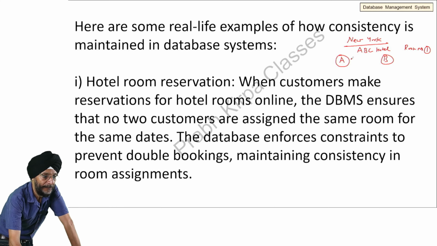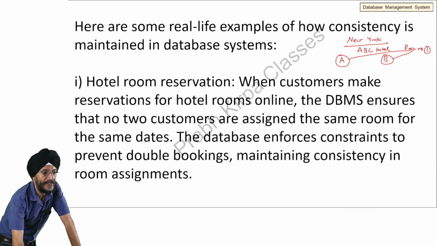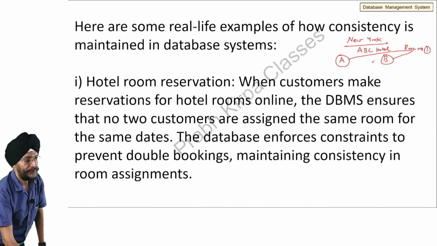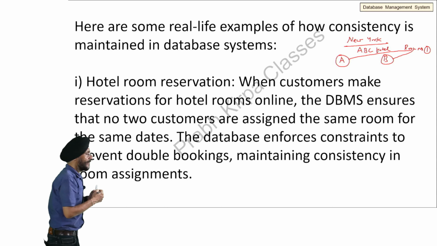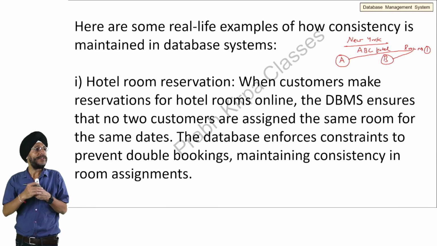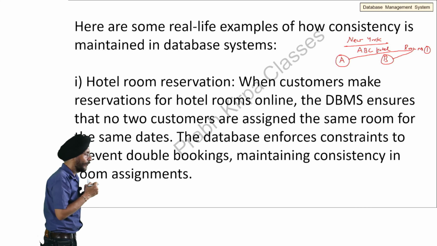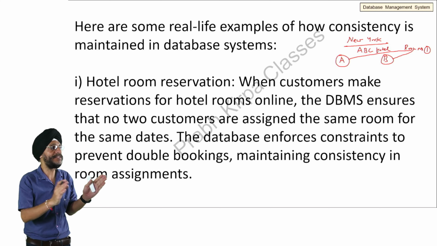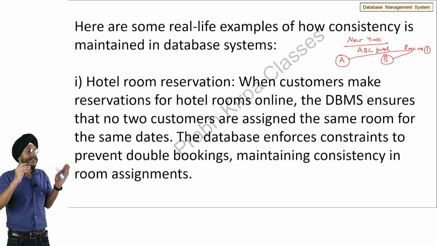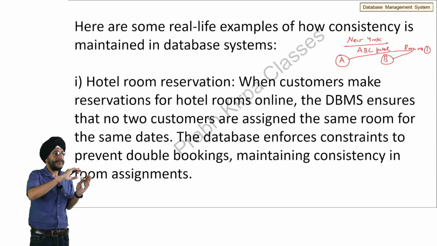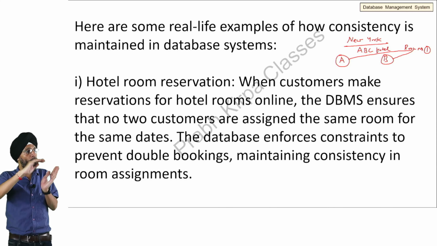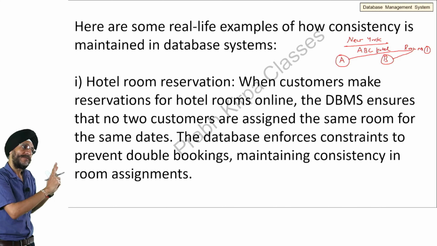So the DBMS system will ensure that the two customers are not allotted the same room, or it may be possible that there is some renovation going on in the hotel, or only a few rooms are available for occupancy. The DBMS system will ensure that no room is allotted to more than one customer. That is, one room, one customer.